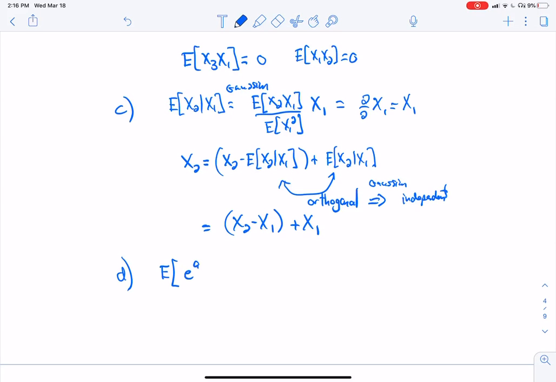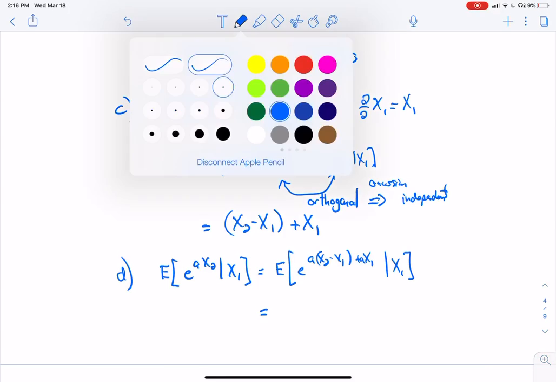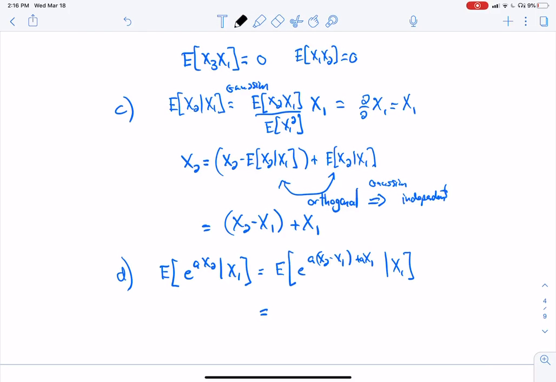My questions often depend on the previous one. So now I can write x2 as x2 minus x1 plus x1, by the previous question. And now, this is the great thing about conditional expectation.